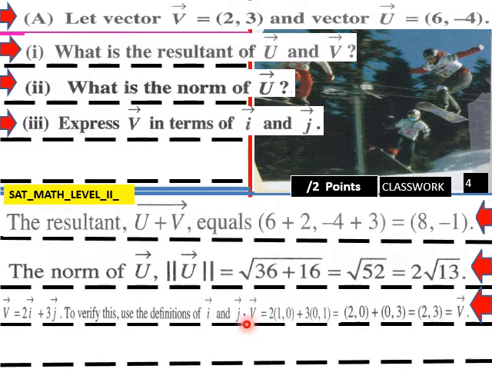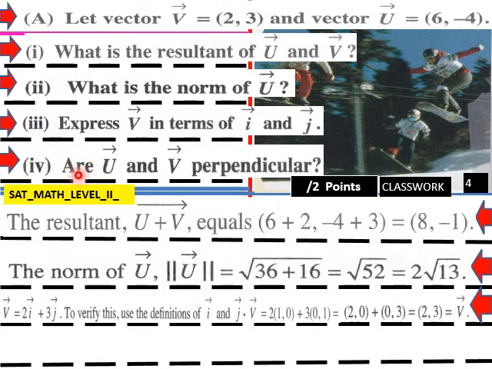So 2 times 1, 0 plus 3 times 0, 1. When we do that, we come up with 2, 0 plus 0, 3, which equals 2, 3, which equals our vector v. So that would be expressing vector v in terms of i and j.